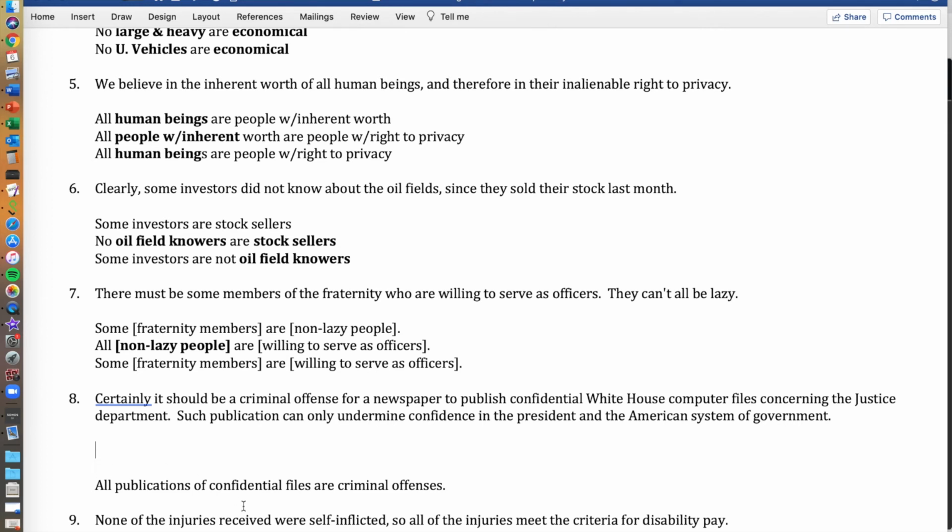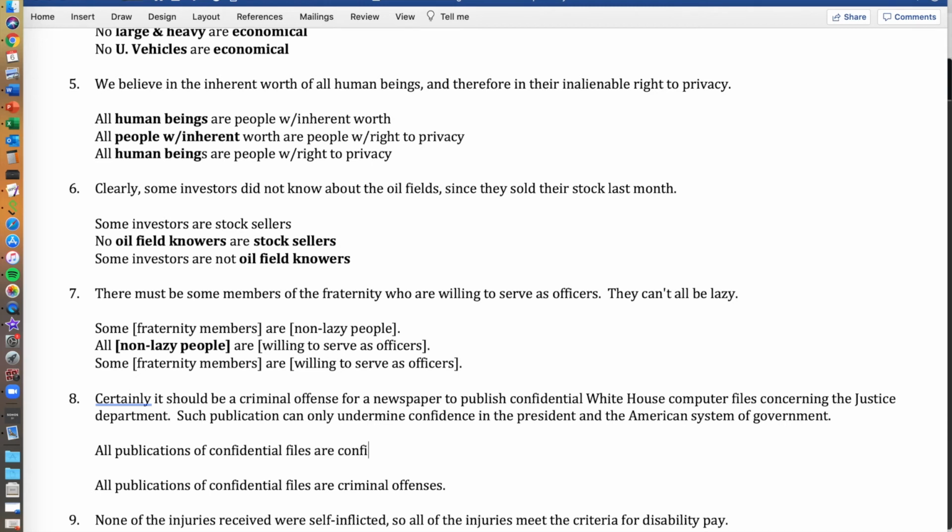So we take that as our conclusion, and then we go to the evidence statement, which will become the premise. Such publication can only undermine confidence in the president and the American system of government. Well, what's the such publication? We're talking about, again, all publications of confidential files are what?